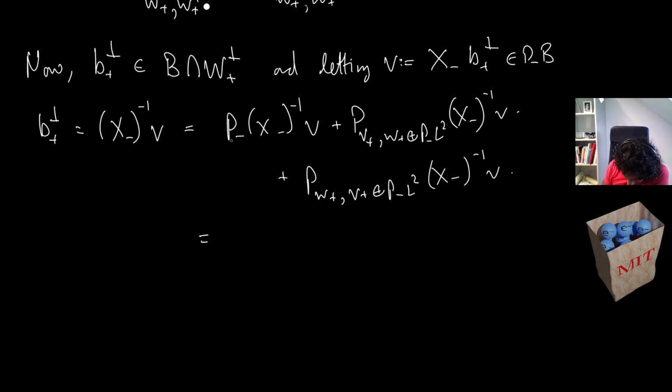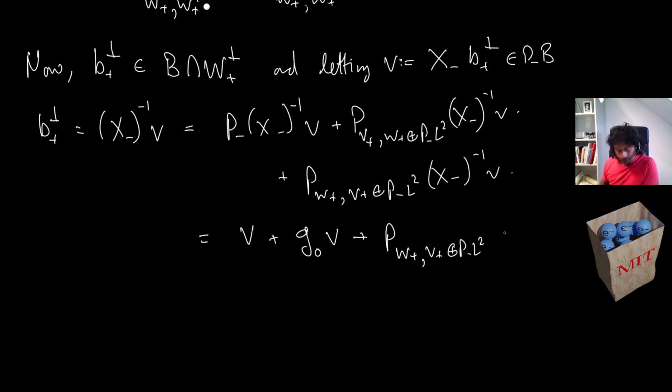So the P minus and the X minus inverse, they cancel. So we get V here. Plus, what is this second object here? This is the definition of the map G naught. So this is G naught of V. Plus, now we get some term here. So rewriting this out in terms of the B plus, we get some term here, PW plus V plus P minus L2 of B plus perp.